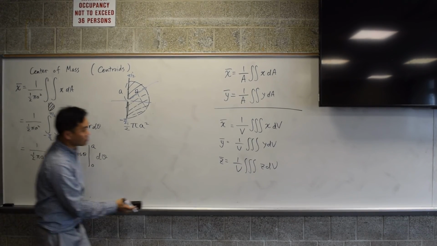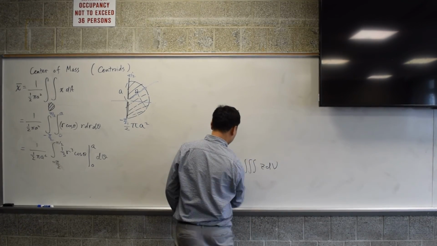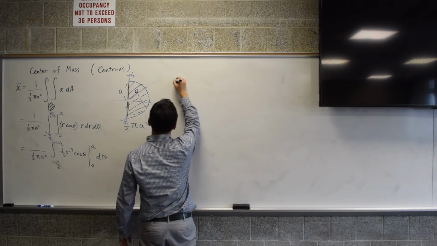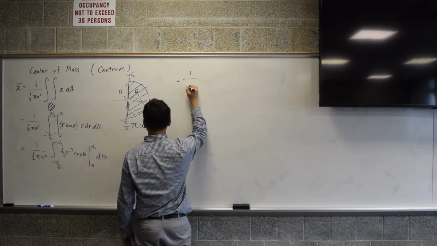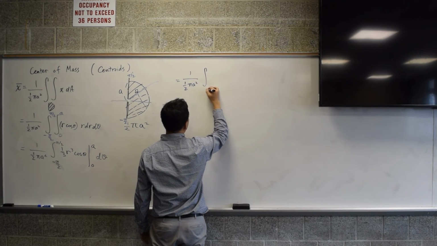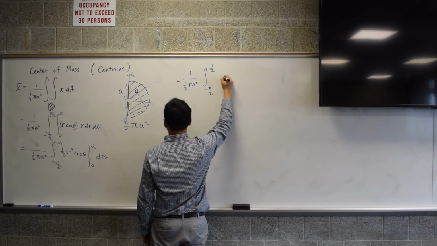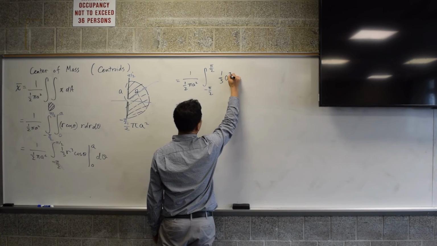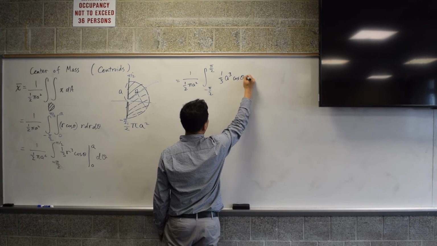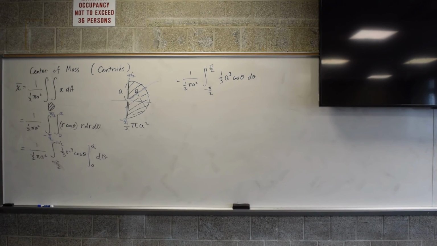Let's continue. Let's write it over here. Plug in a. So we get 1 over 1/2 π a squared, integral from negative π over 2 to π over 2, and you have 1/3 a cubed cosine θ dθ. Now you just have to integrate cosine θ.